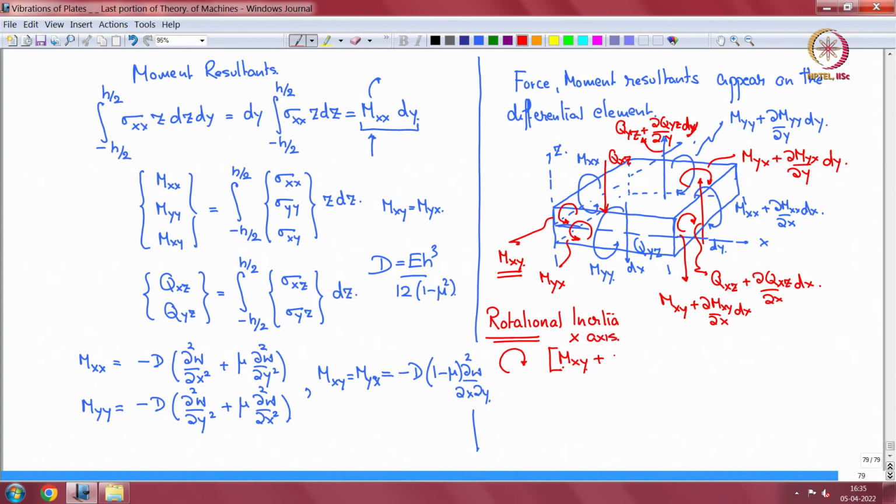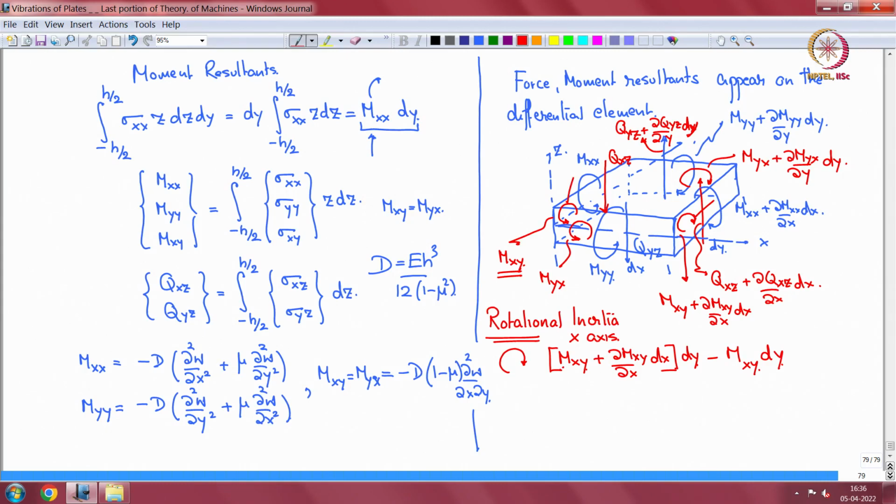So MXY plus del MXY by del X dx, that is the resultant, into dy, that is the full moment, minus MXY into dy. So this has been taken care of.